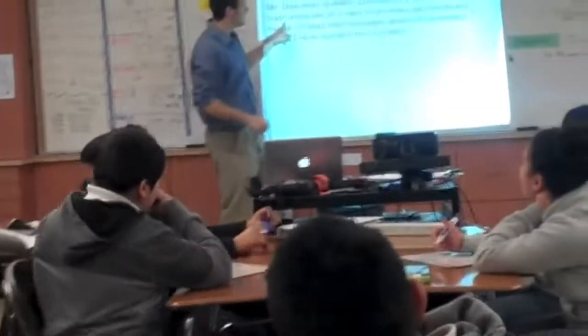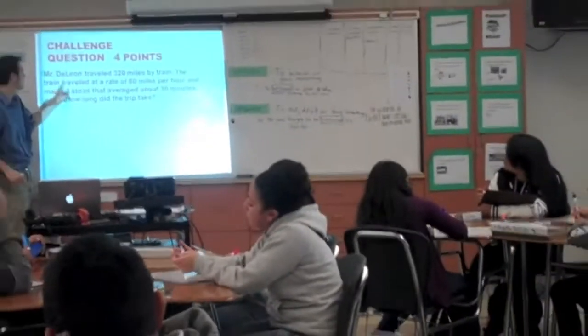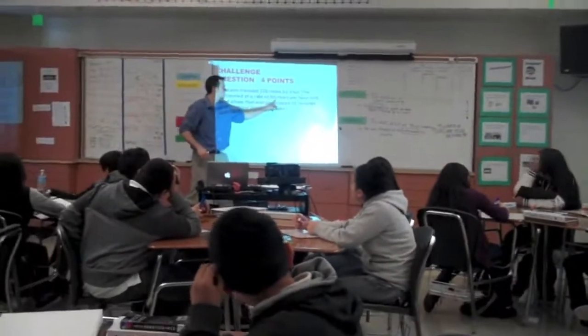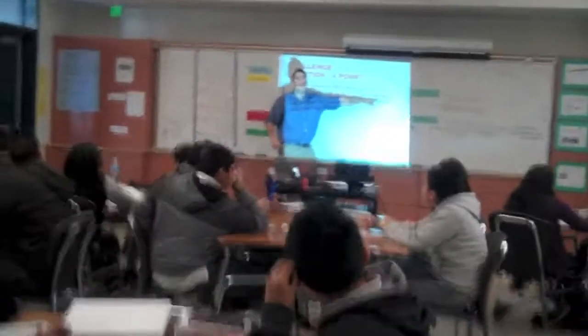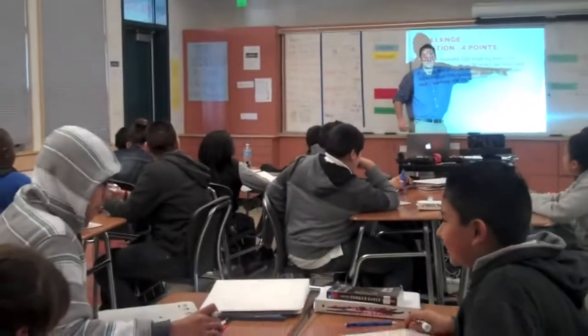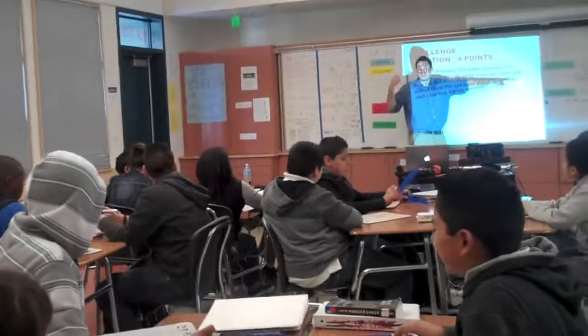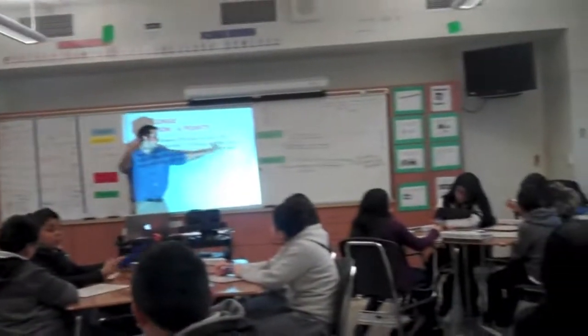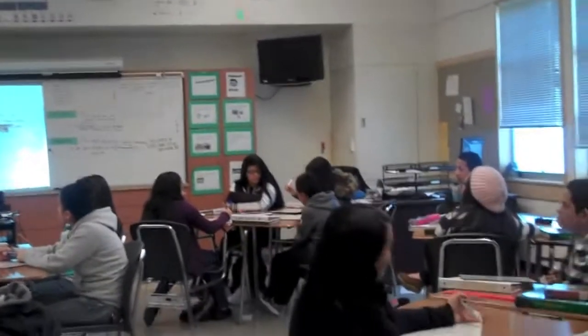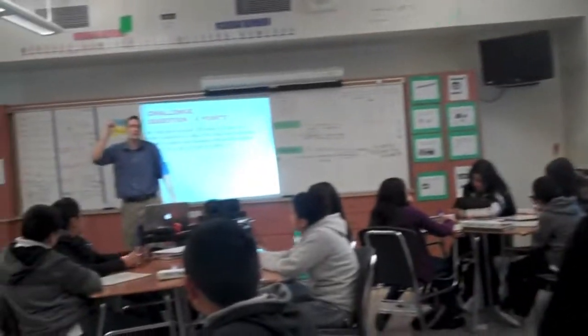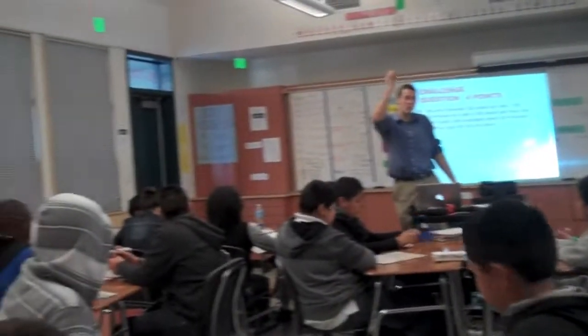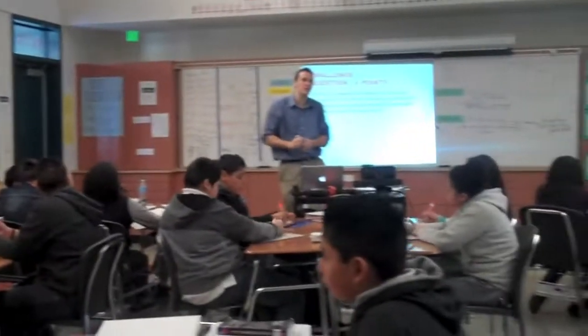Read the second sentence. Starting now. 5, 4, 3, 2, 1, go. The train traveled at a rate of 80 miles per hour. Stop. Is that our known rate? How many pieces of info is a known rate? 2. Is this 2 pieces of info? Yes. 80 miles per hour. What does per mean? 1. Each. 1 hour. So 80 over.